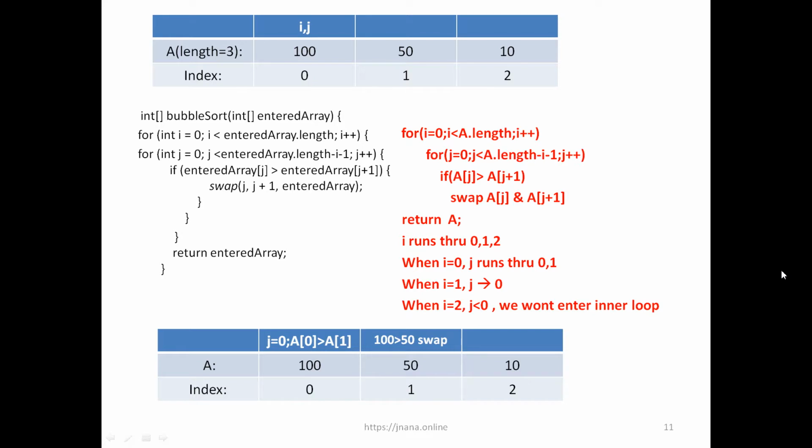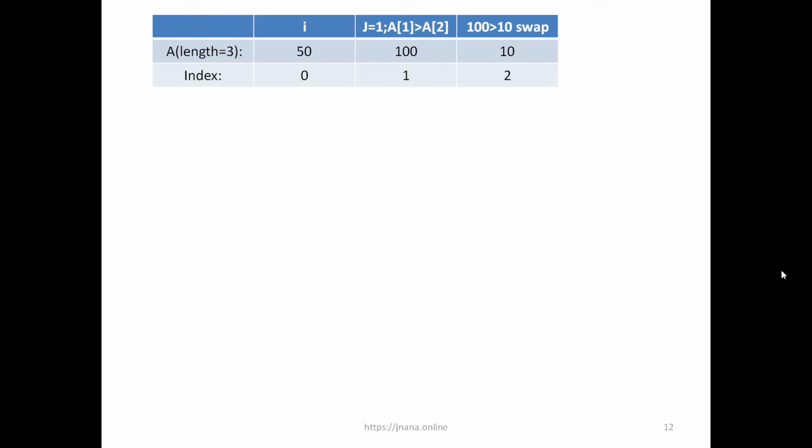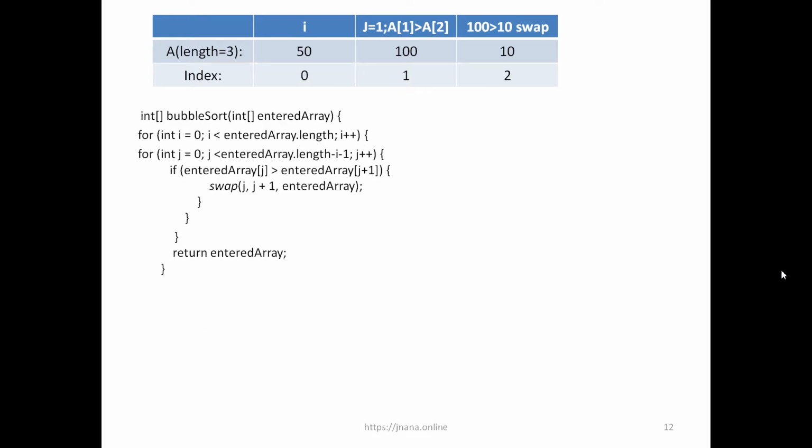For i equal to 0, as we have noticed, j runs from 0 to 1. So i equal to 0 and j equal to 0 we have just seen. i equal to 0 and j equal to 1 we will see now. For j equal to 1, we are comparing array of j greater than array of j plus 1. That is a of 1 greater than a of 2.